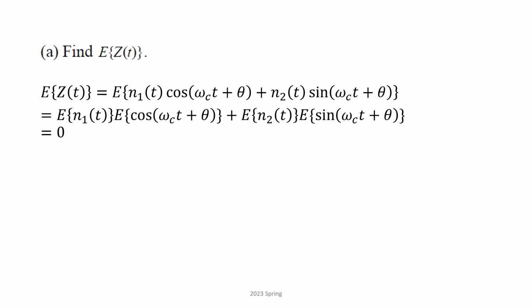And since theta is from 0 to 2 pi, the expectations of cosine and sine are both 0, so the answer is 0.